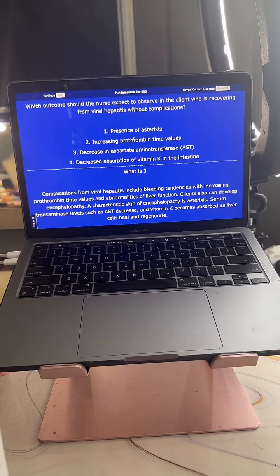A decrease in AST, because AST is, what do we know? That's a liver enzyme. So if we're taking care of a client that has inflammation to their liver, we can definitely expect for those liver function tests to be a little bit abnormal. You feel me? That's an example of clinical judgment.